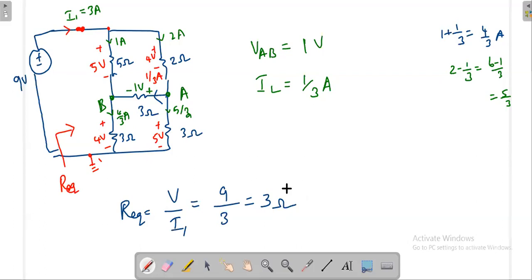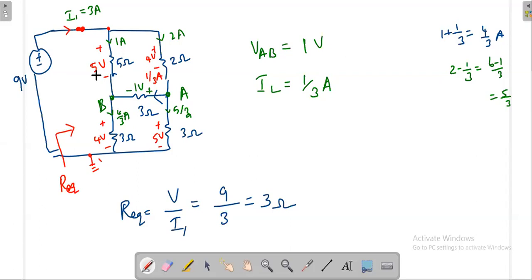Yes, somebody please answer me. Delta to star convert, did you try? Please tell me quickly, yes or no, then I will proceed. Hello.